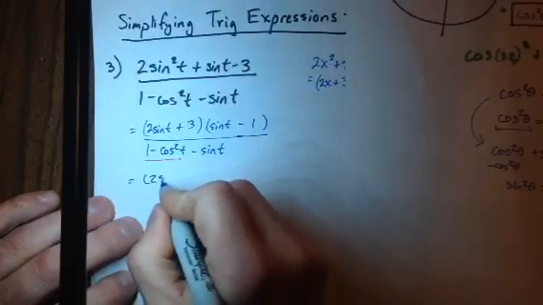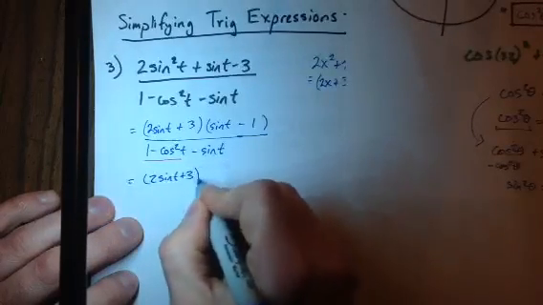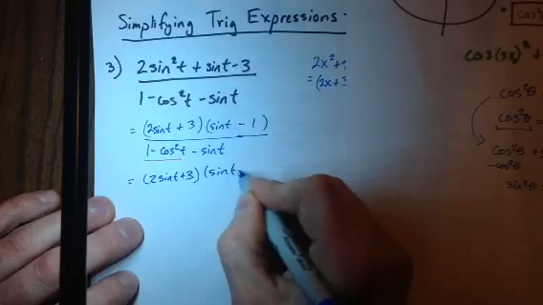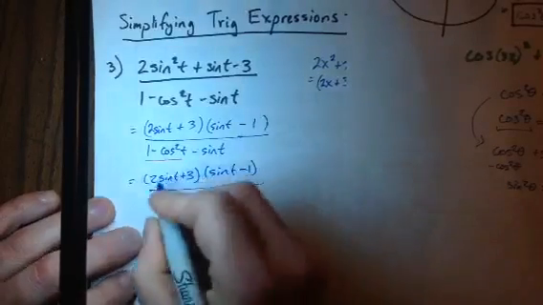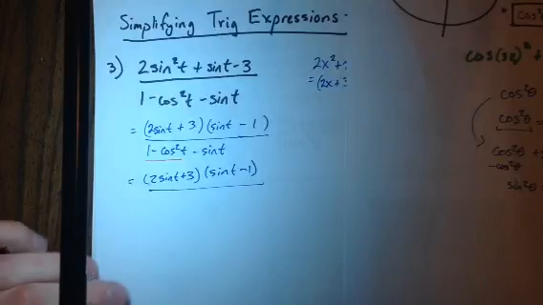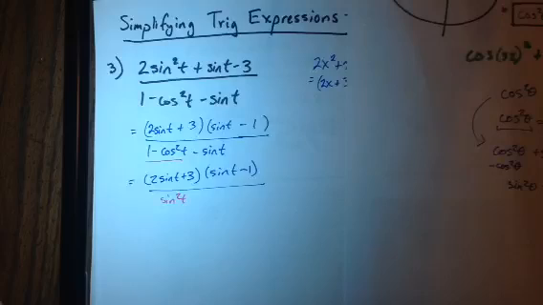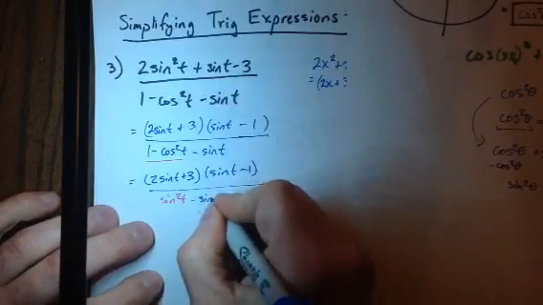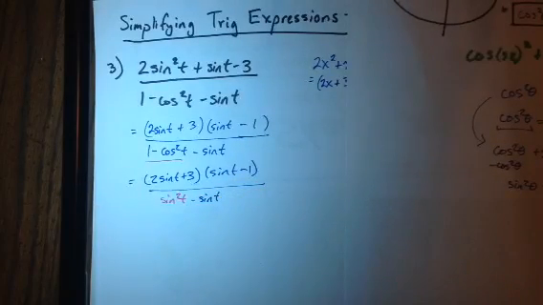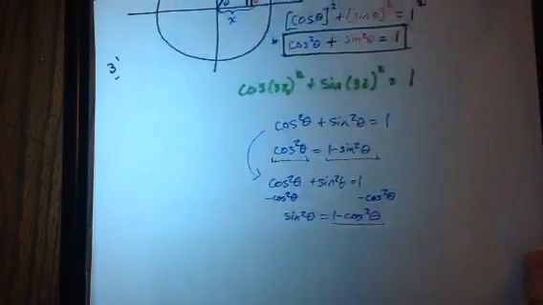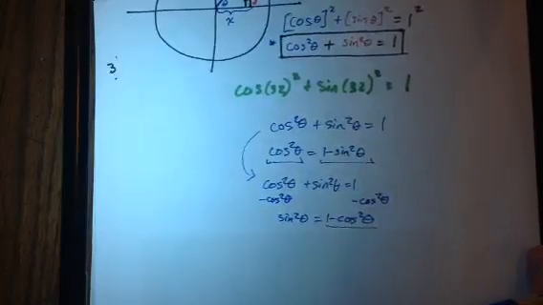Alright, for now I'm going to rewrite the numerator. Divide by the denominator, but now in place of 1 minus cosine squared, I'm going to write sine squared of t minus sine t. Now some of you are thinking, come on, Prof. Rassi, I would never have done that. I would have never thought to do that. And right now you're right.